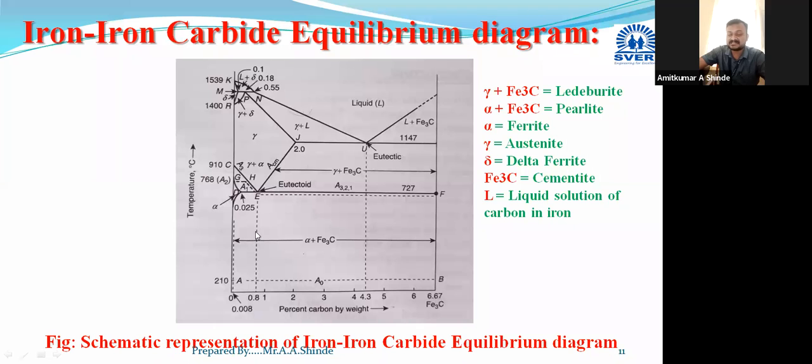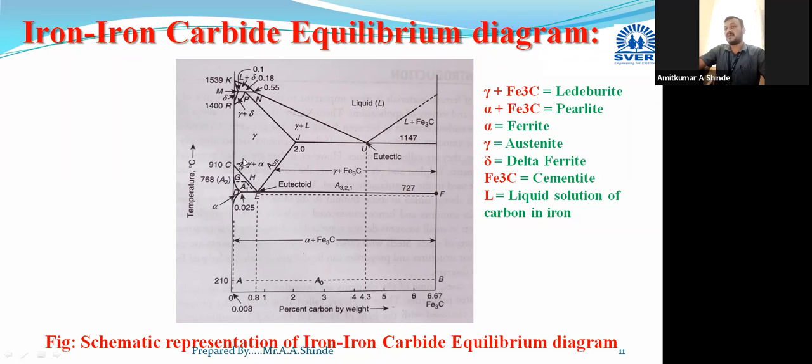When you add these elements in the steel, what will happen? This A1, or you can say that A3 temperature will increase, and this A4 temperature will decrease, and the range or stability of ferrite phase will be more. Means you will get ferrite phase. That will be termed as ferrite stabilizer.